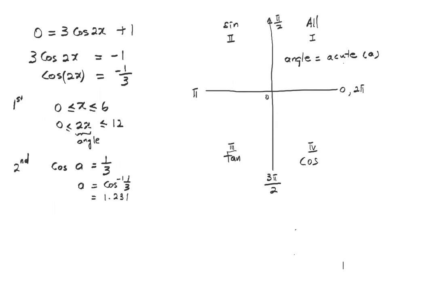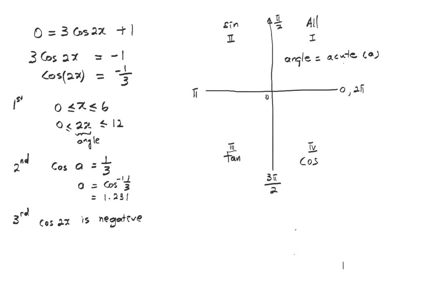After we have done that, we are going to go to the third step. Cos 2x is negative, correct?